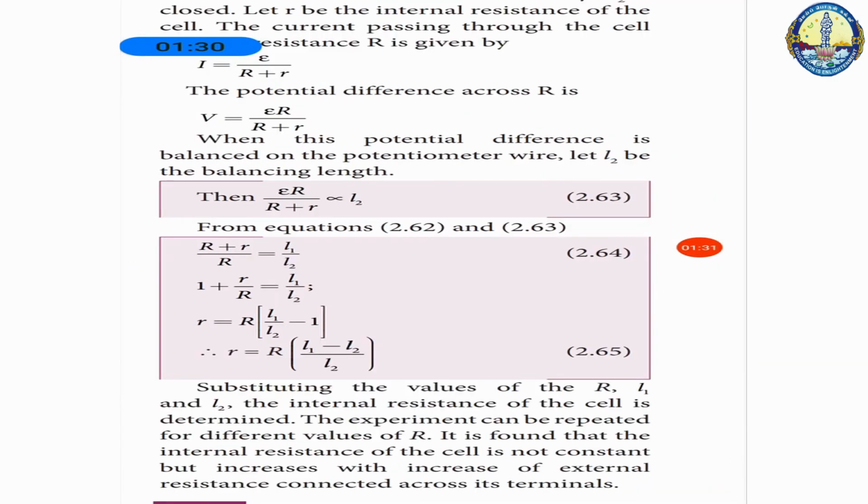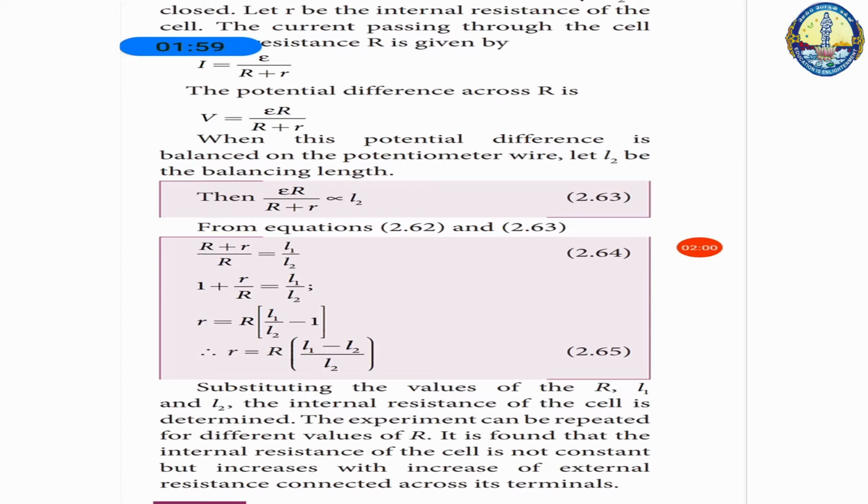A suitable resistance, for example 10 ohm, is included in the resistance box R and key K2 is closed. Now let r be the internal resistance of the cell. The current passing through the cell and the resistance R is given by I equal to epsilon by R plus r. The potential difference across R is V equal to epsilon R divided by R plus r.